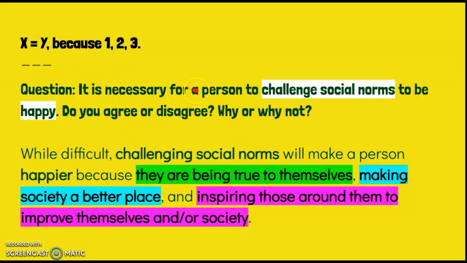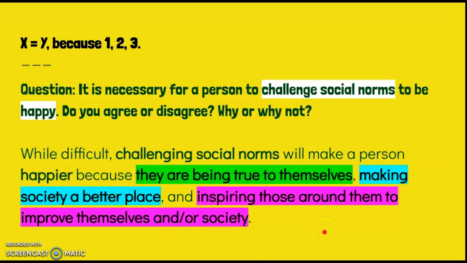So, same question, right? How would we write out a thesis statement using this formula, X equals Y because 1, 2, 3? While difficult, challenging social norms will make a person happier because they are being true to themselves, making society a better place, and inspiring those around them to improve themselves and or society.